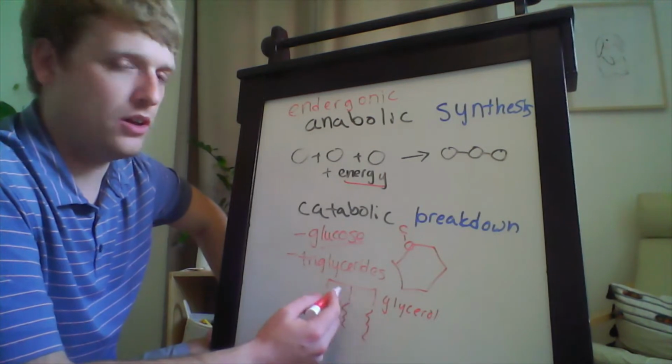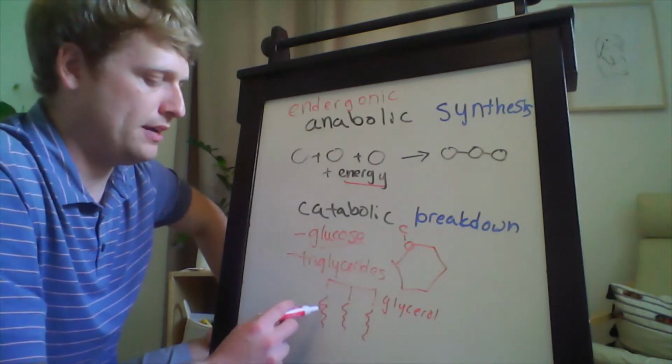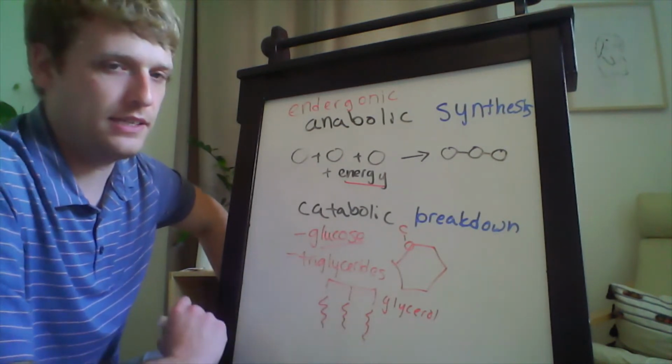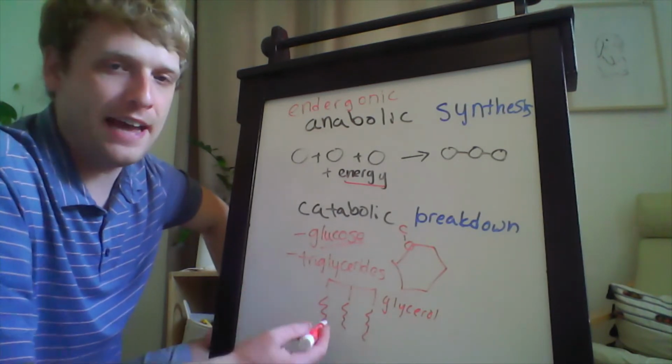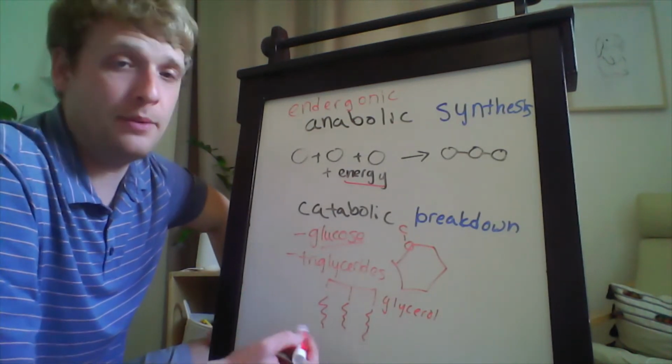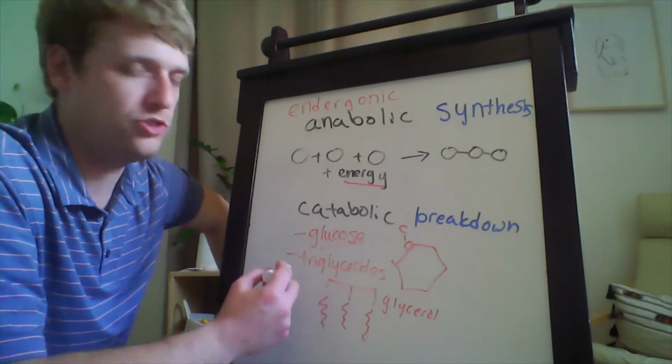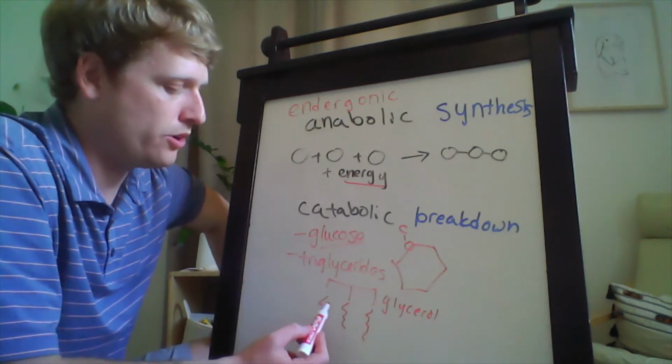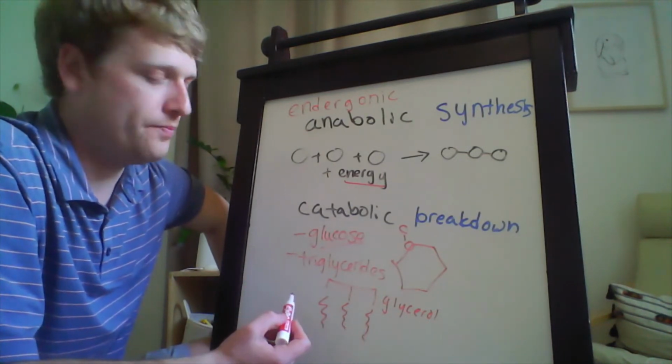So a glycerol molecule that's bound to these fatty acid tails. This is how fats are stored in your body. So in adipose tissue, you have lots and lots of these triglycerides that store your fatty acid tails.